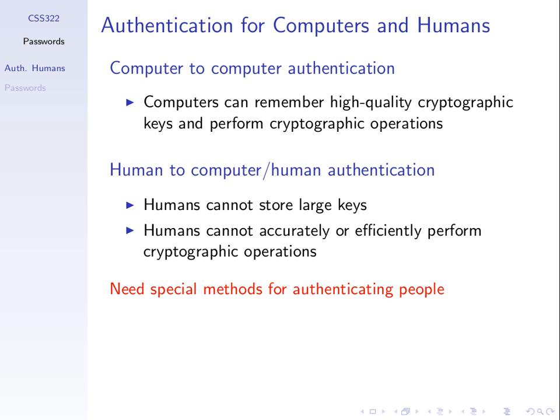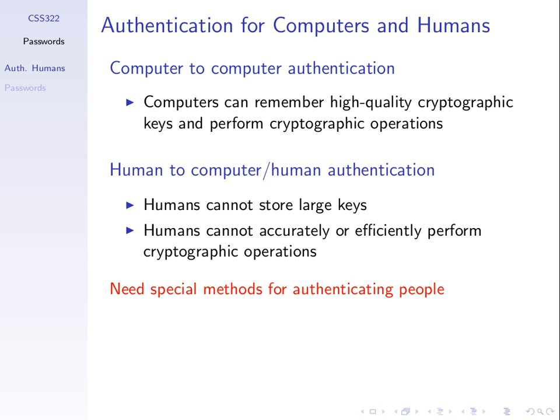A computer can apply a single DES operation in a matter of microseconds. How long would it take you in the final exam if I say calculate or encrypt this block of 64 bits with the real DES? Go through on a piece of paper and calculate. It would take you hours.